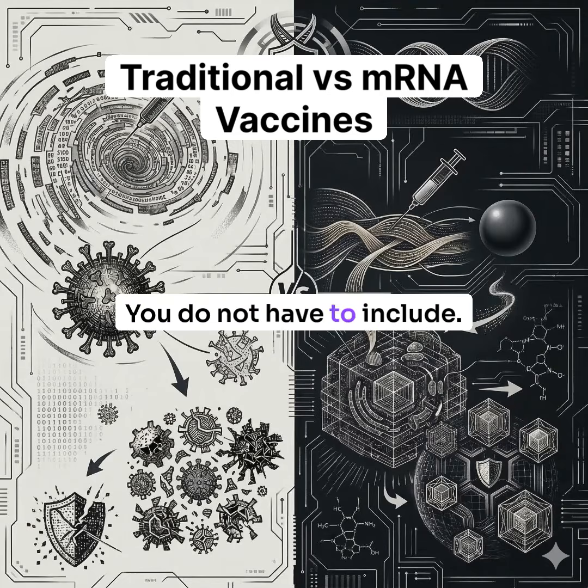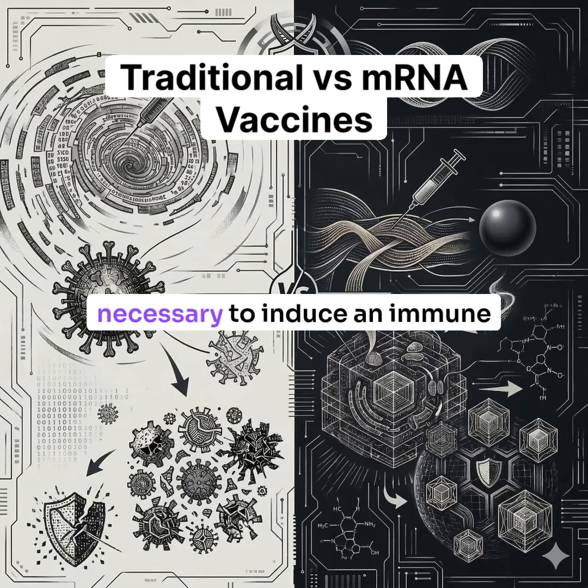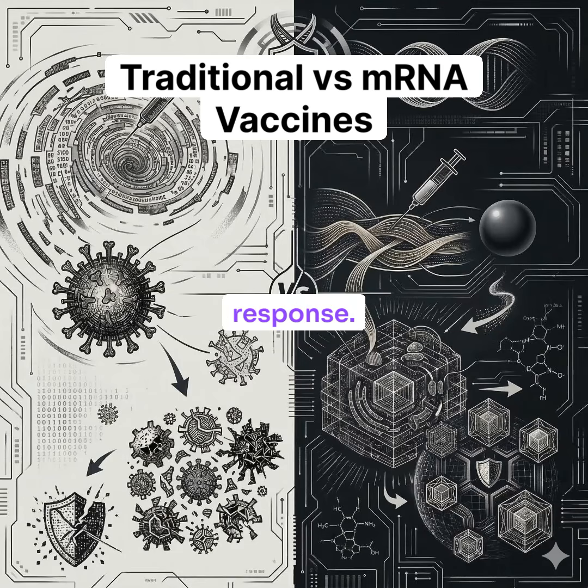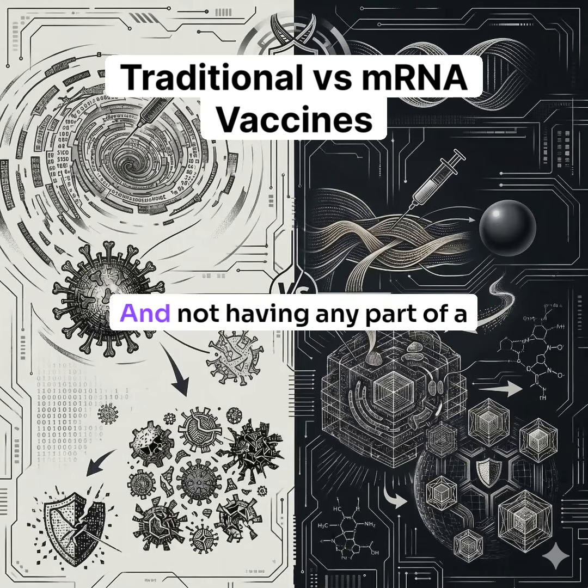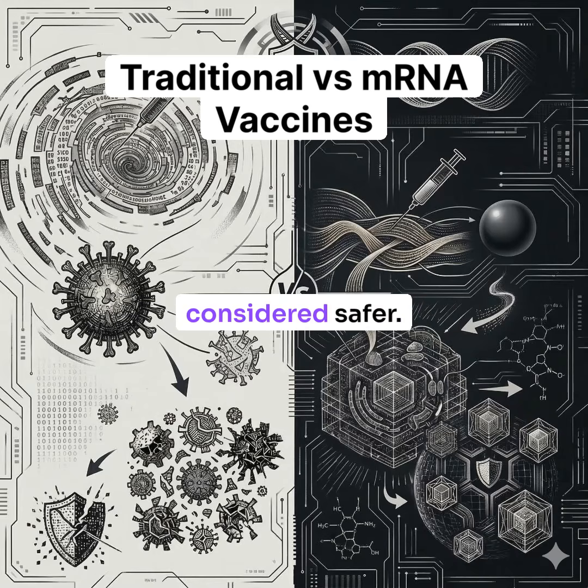You do not have to include all other components of a virus that are not really necessary to induce an immune response. Right. And so that's really the advantage of the mRNA vaccine. Not having any part of a live or dead virus is considered safer.